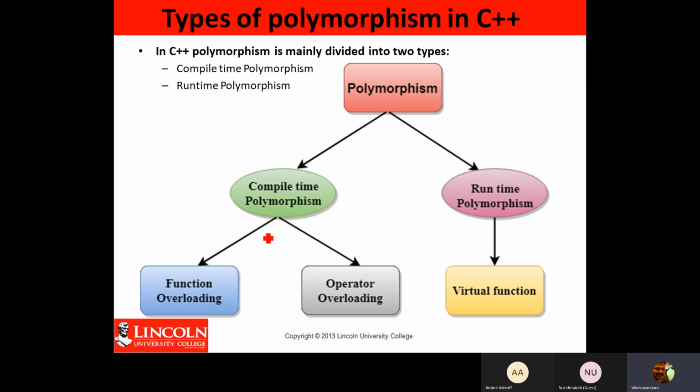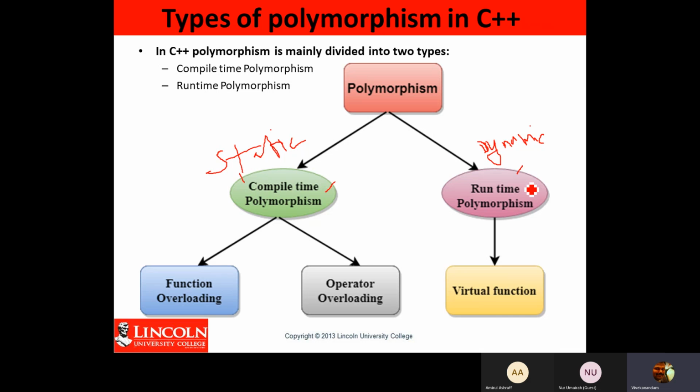One is called compile-time polymorphism, and the other is called runtime polymorphism. Compile-time polymorphism we call static. Runtime polymorphism we call dynamic.